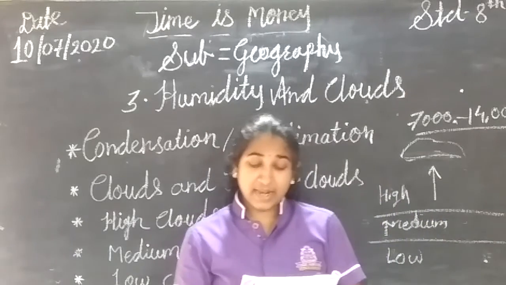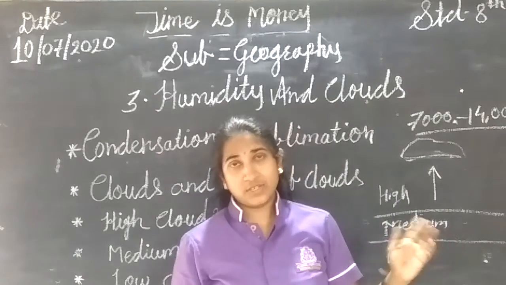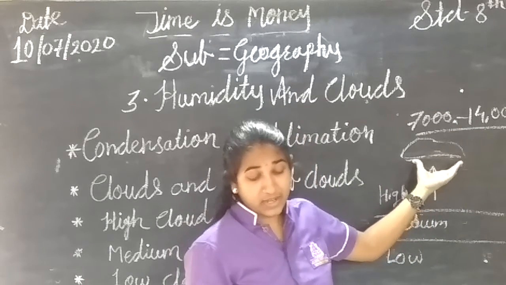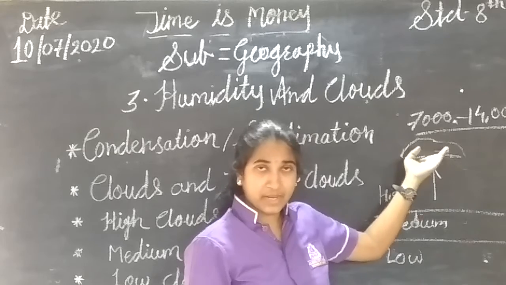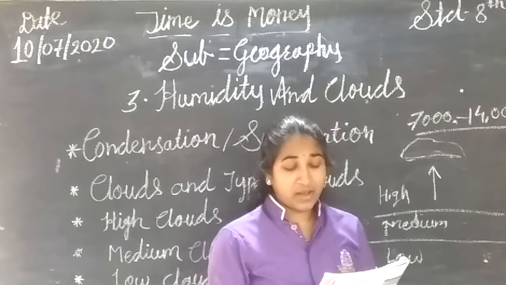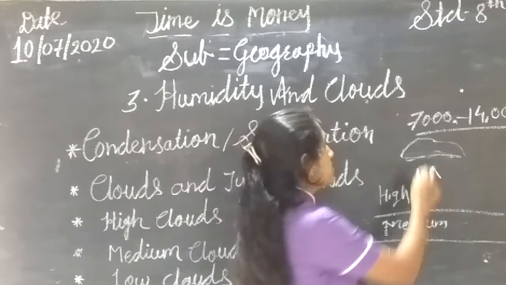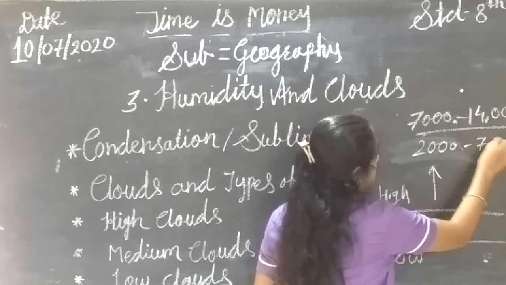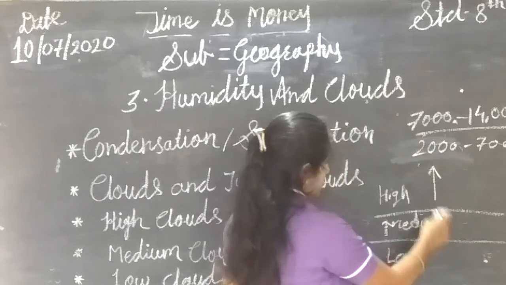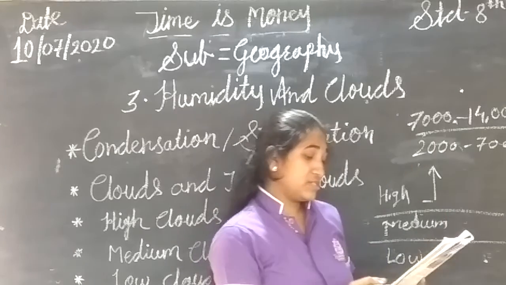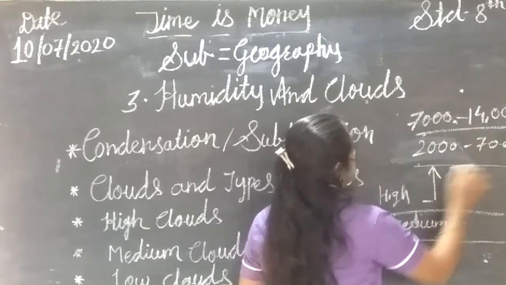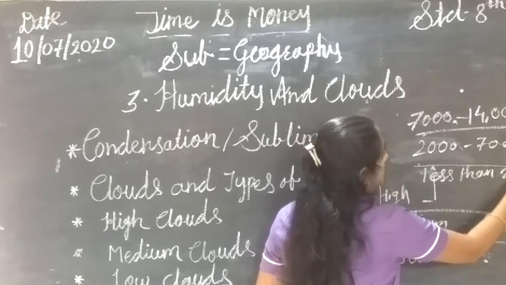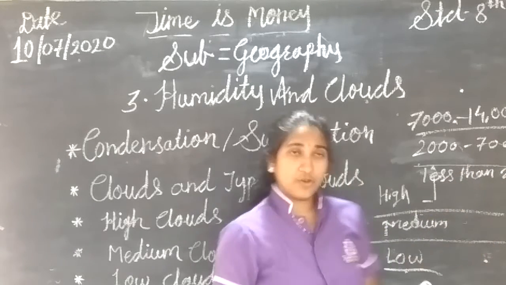If the altitude is around 2,000 to 7,000 meters, which is less than this, then they are considered medium clouds. And if the range is less than 2,000 meters, then they are low clouds.